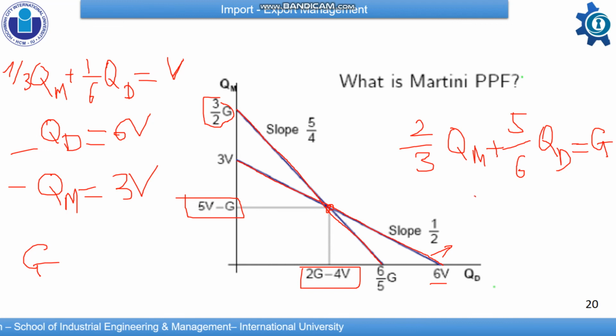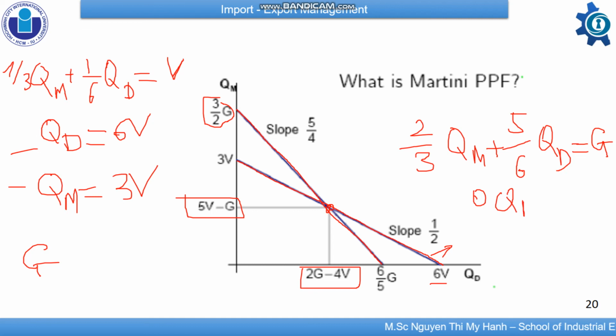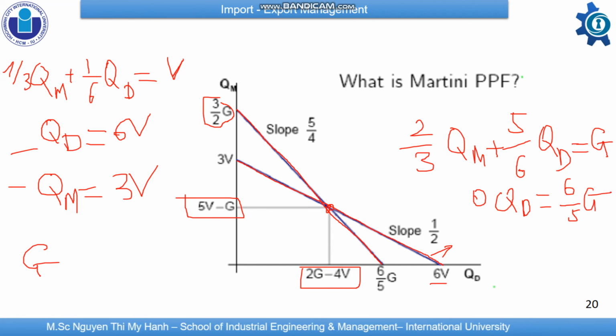So the first case we consider is if they use all the gin to produce the dry one. The maximum quantity of dry martini we can produce is 6 over 5 G, right?